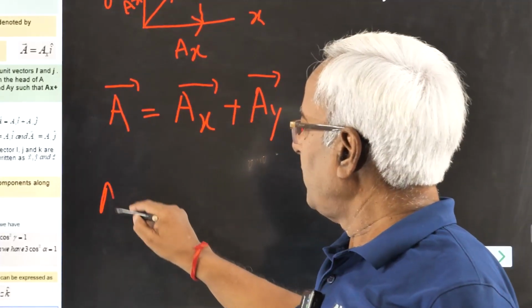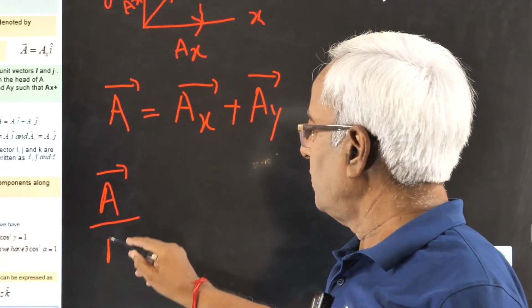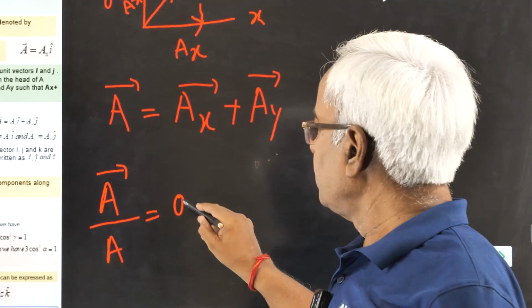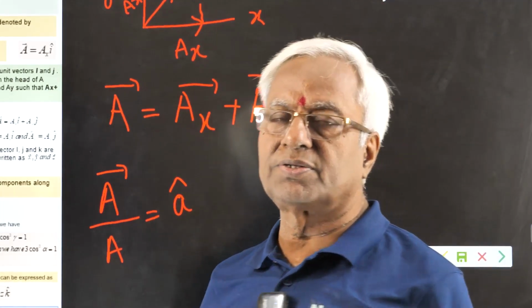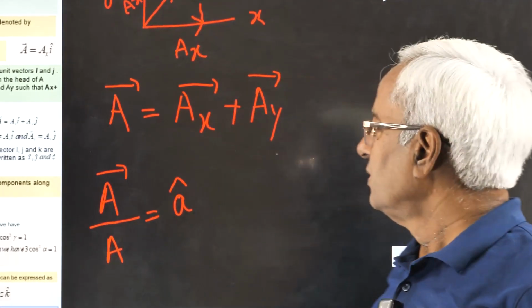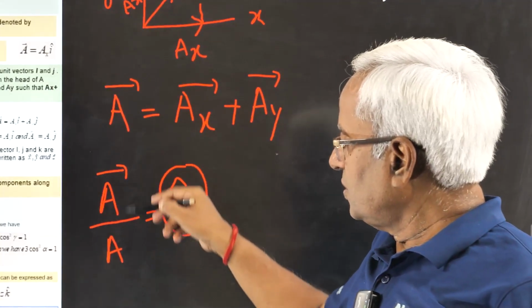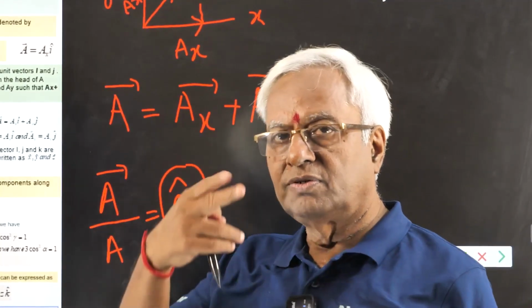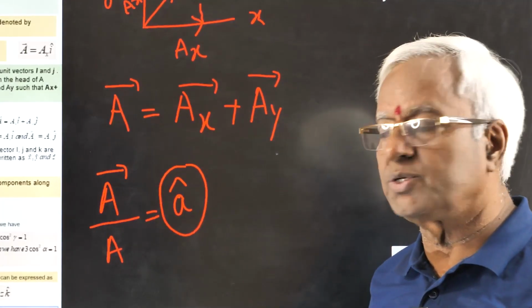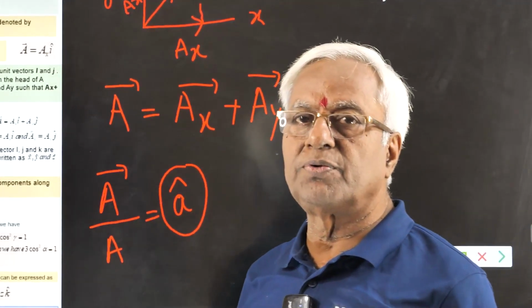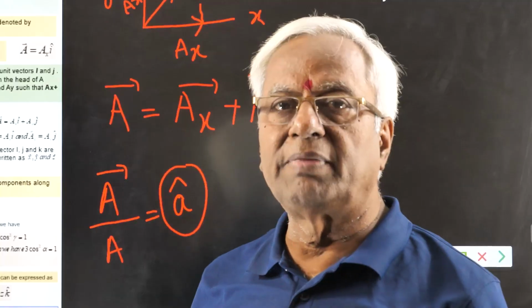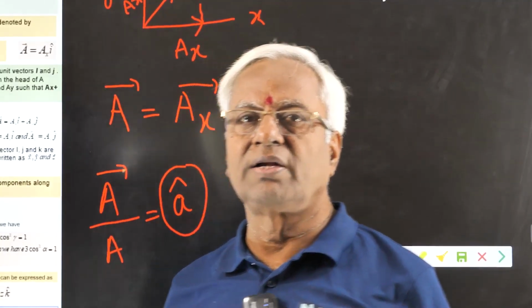Unit vector, you know, a vector having magnitude equal to 1, and this is obtained by dividing a vector by its magnitude. Because the quantities have been taken in the form of a ratio, unit vectors have no dimension and their magnitude is always fixed, that is 1.